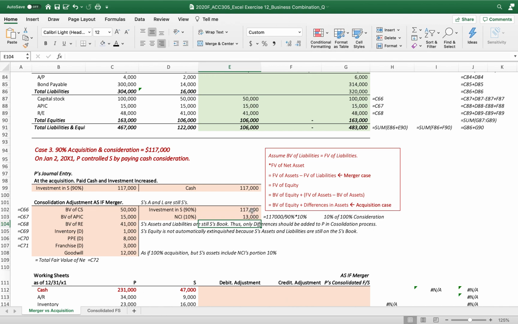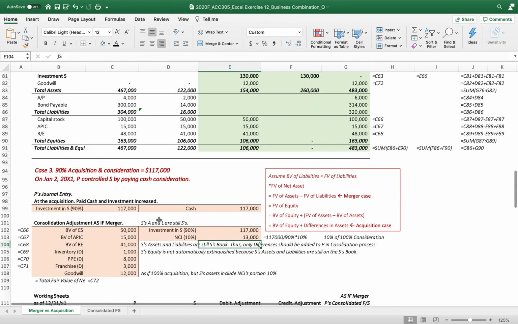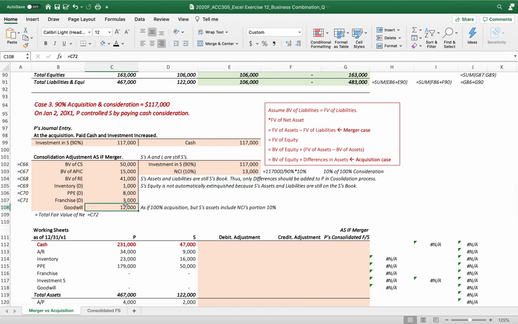So the sum of this 90% investment, 117, and 13,000 is 130, which is the same as the 100% consideration. Now let's calculate one more time the sum of this minus the book value.